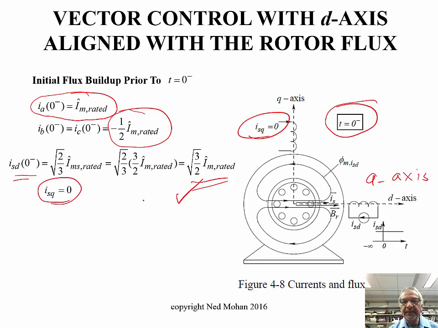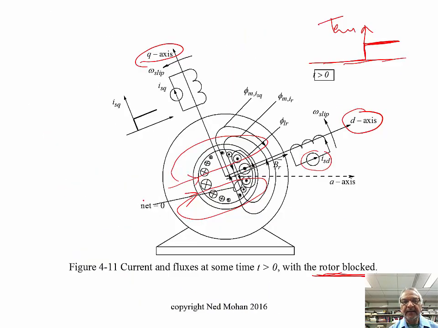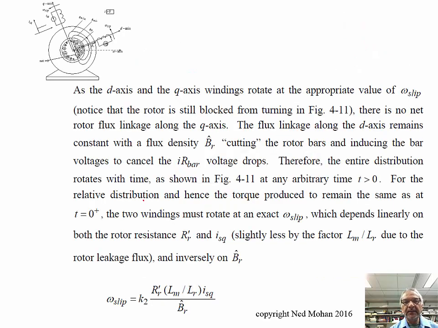All right, I'm sorry, I'm going the wrong way here. So now we would like to calculate what this slip speed has to be. What we have to do is to cancel the voltage drop across the resistance of these bars by voltages induced due to the rotation of this B sub R flux density distribution.